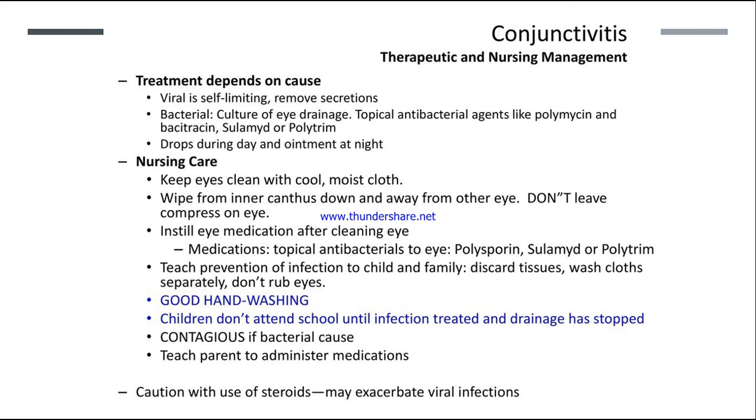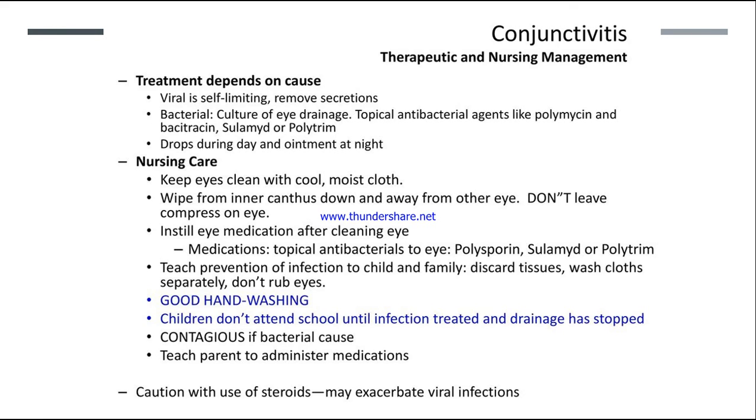Next, teach prevention of infection to the child and family. You have to tell them to discard the tissues that they are wiping their eyes with, wash the washcloth separately, and not rub their eyes. Perform good hand hygiene. Children should not attend school when they have the infection. Why?